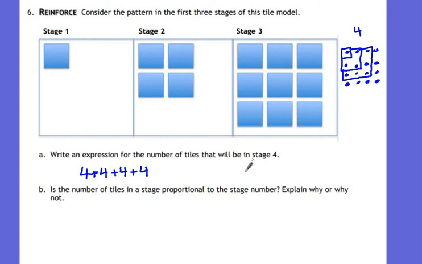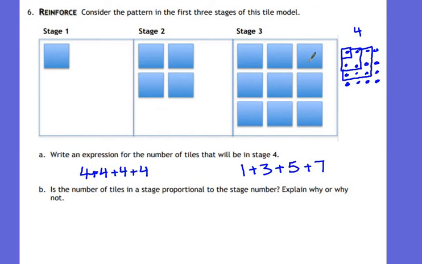So they noticed on their expression, they said, well, stage 1, there was 1. Then stage 2 added 3. Stage 3 added 5 more. So they looked and saw that stage 4 added 7 more. So that's how they came up with their fancy expression. There's all sorts of them I could create.